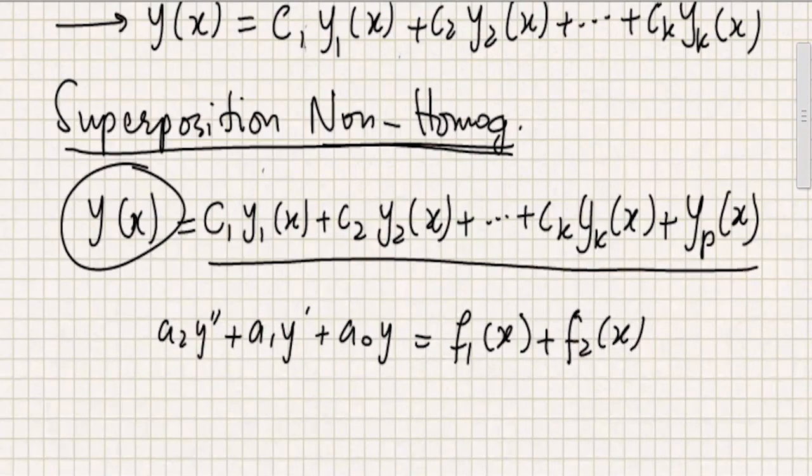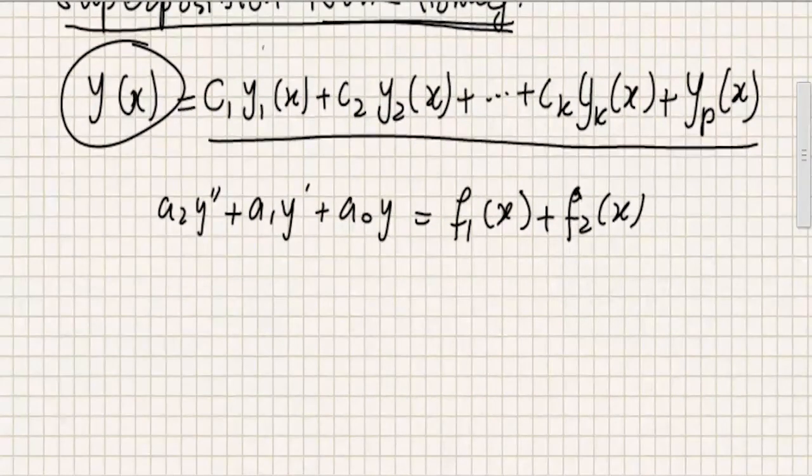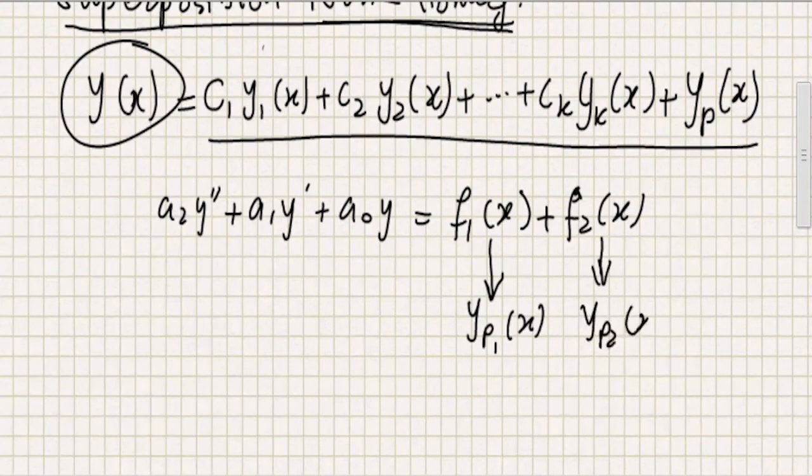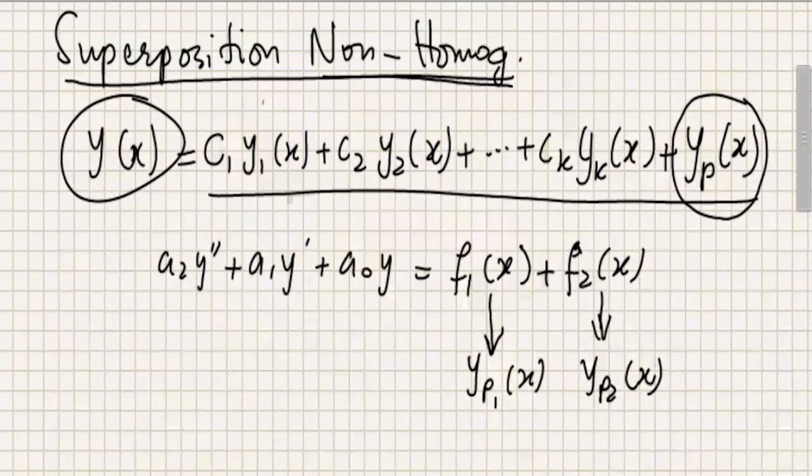Due to this f1 of x, we solve this non-homogeneous equation and retrieve yp1 of x, and due to this f2 of x, we retrieve yp2 of x. We could also add them to the general solution, and the sum of all these solutions will still be a valid solution. So that was the superposition principle for non-homogeneous equations.